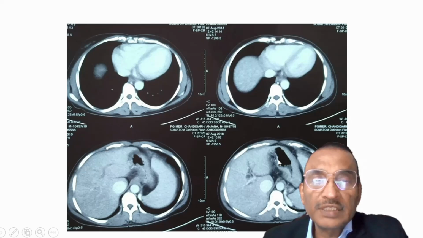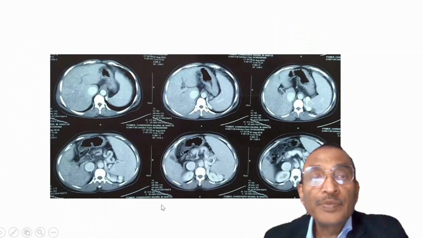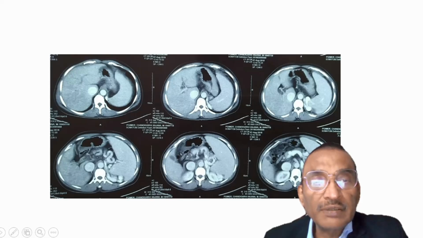But we see lots of vessels here in the wall, more than normal. So we would like to watch whether there is any evidence of portal hypertension. So what we are seeing there is a lace of vessels out here. So there are some sort of collaterals. So lots of collaterals lying at the splenic hilum.